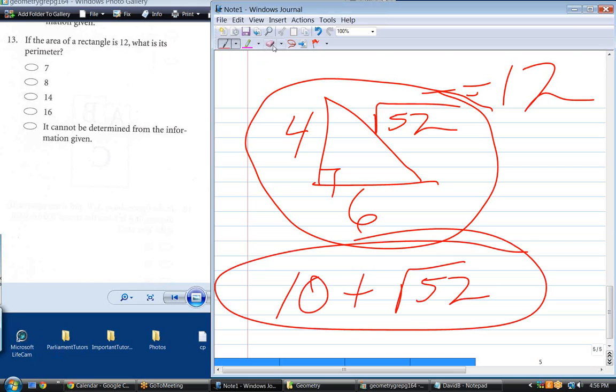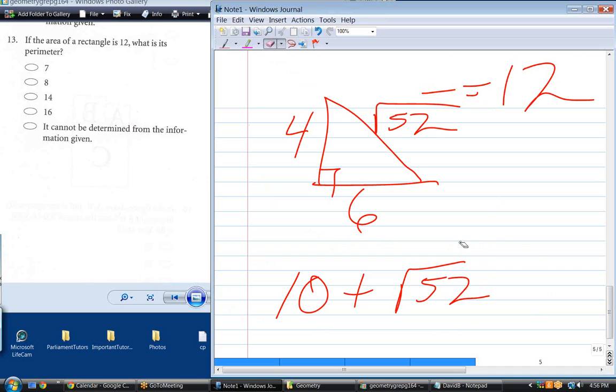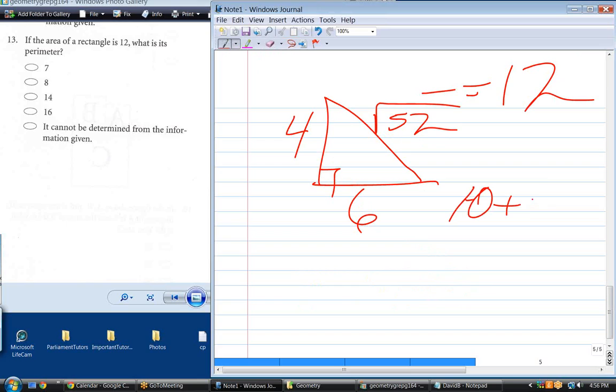What's going on here? What do you think? Well, I bet it's looking for a solid answer, so I think it's saying it can't be determined is the best thing. Exactly. It's not a guess even. In other words, that perimeter was 10 plus root 52, right?